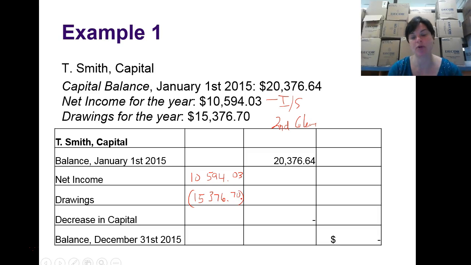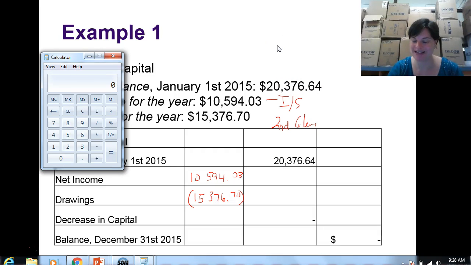Okay, and then we're going to do a calculation. So we're going to take our net income, and we're going to subtract our drawings.